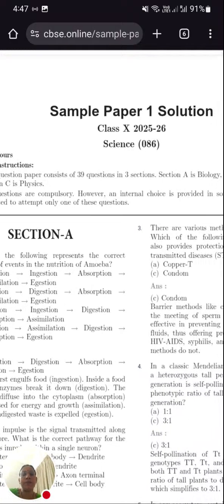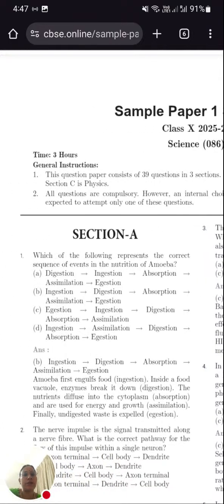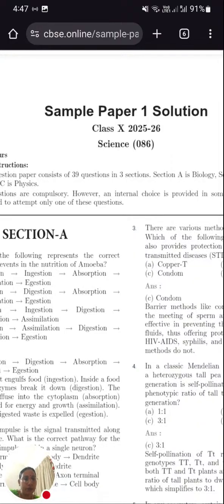If it is related to bio, it should be written in the bio section only. If it is related to chemistry, it should be in the chemistry section. And if it is related to physics, it should be in the physics section only.